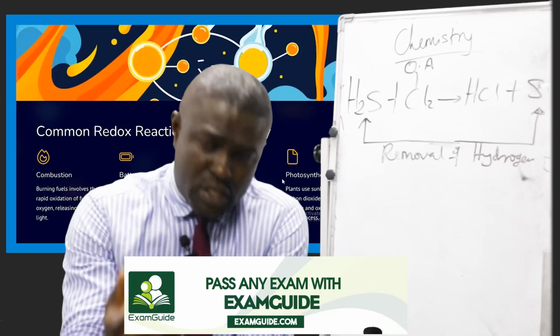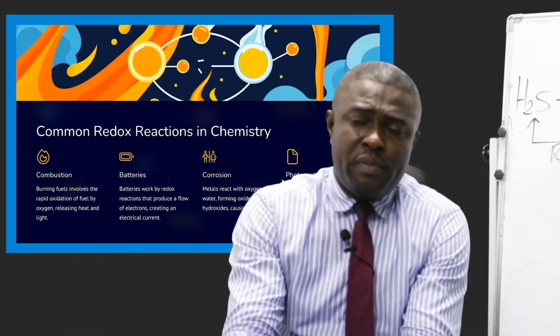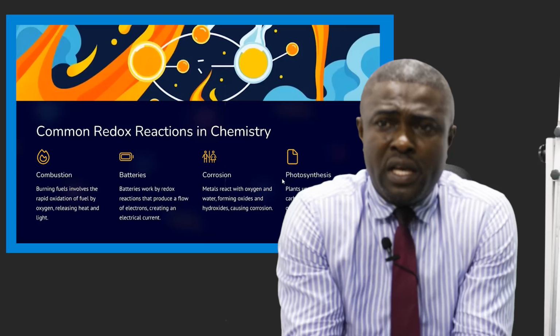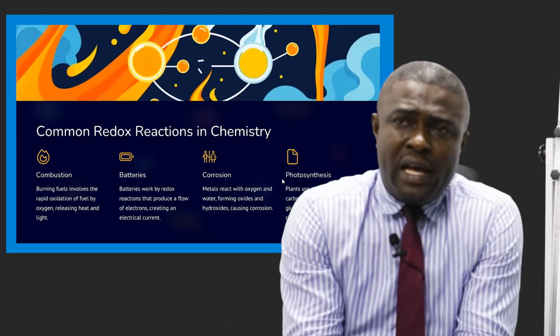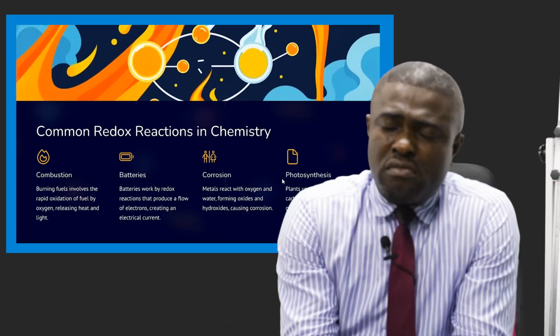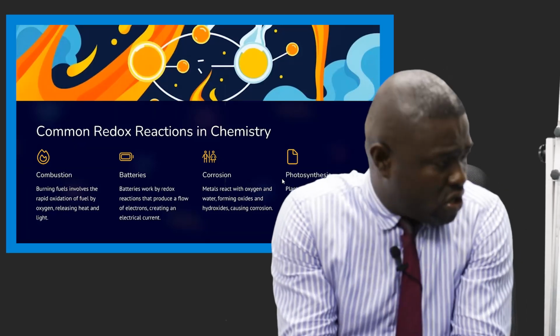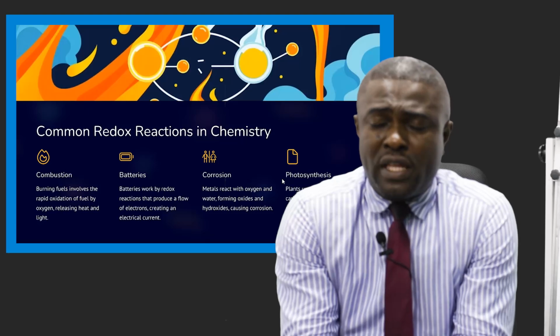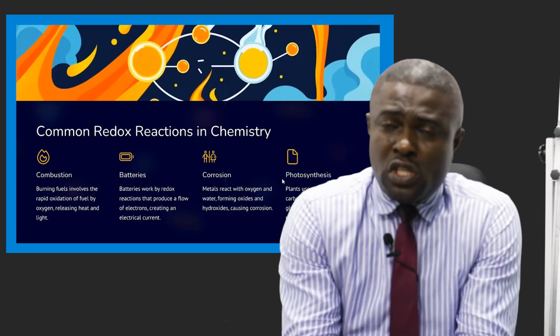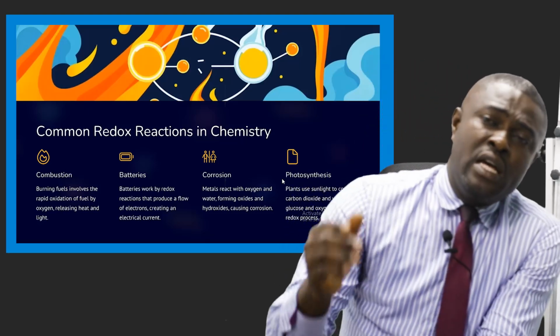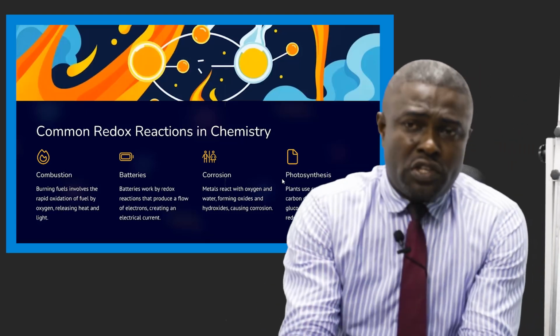We'll move further to explain oxidation reaction using increase in oxidation number. Most teachers or scholars carry it along with loss of electron, because where there is increase in oxidation number, there is loss of electron.